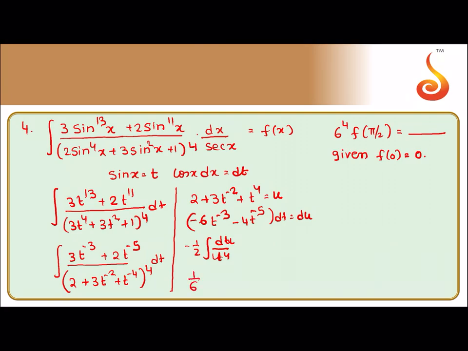So this will give you, what is u? This is the factor. So finally we get 1 by 6. Finally we get 1 by 6 into, I am writing directly, sine to the power 12x by 2 sine to the power 4x plus 3 sine square x plus 1, whole cube.